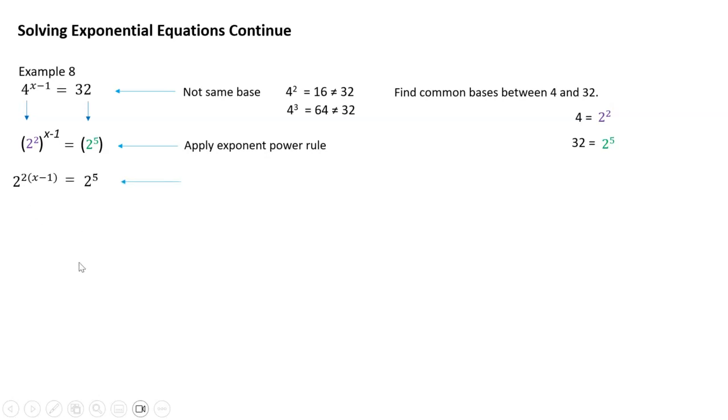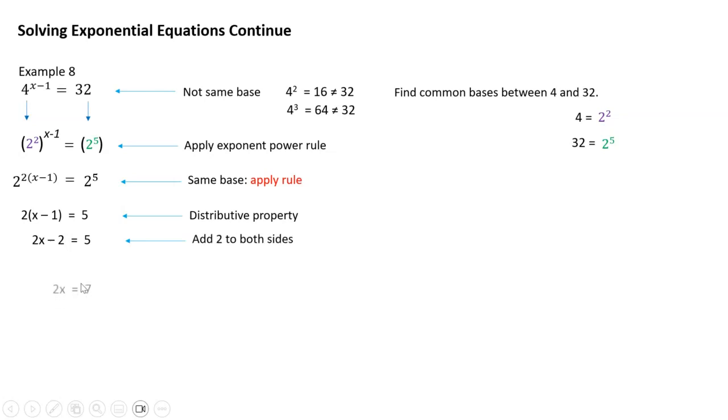So now we've got the same base, so we let the exponents equal each other. We're going to distribute. So we get 2x minus 2 equals 5. We add 2 to both sides, so 2x equals 7. We divide both sides by 2. So x equals 7 over 2.